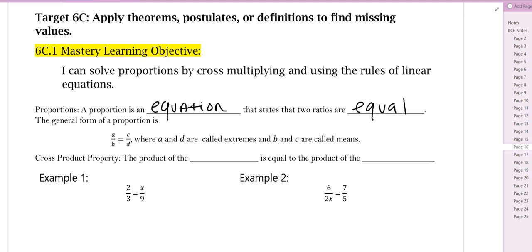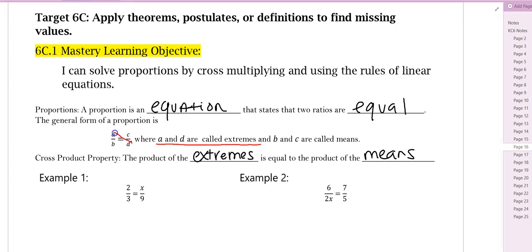So cross product property says the product of the extremes is equal to the product of the means. So basically what that is saying is A and D are extremes.